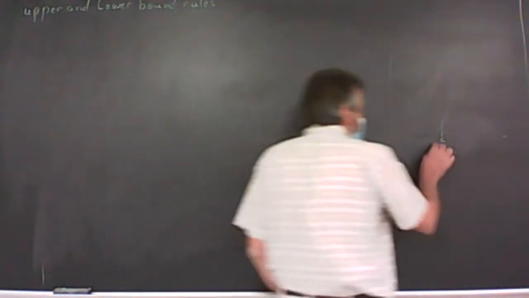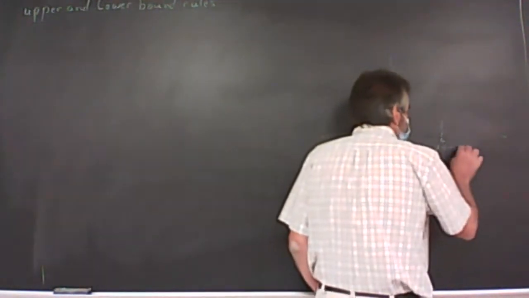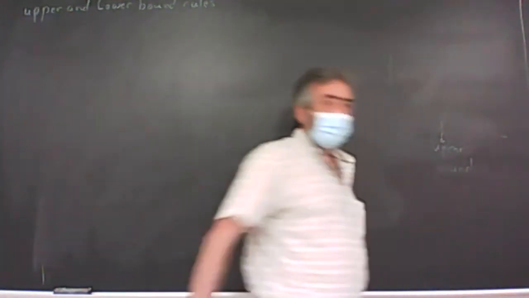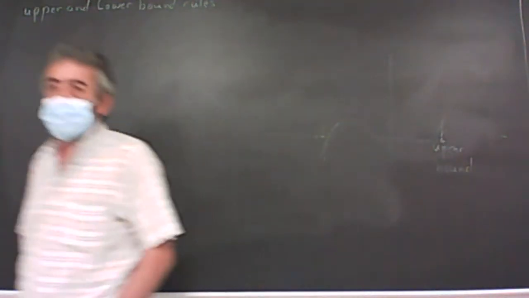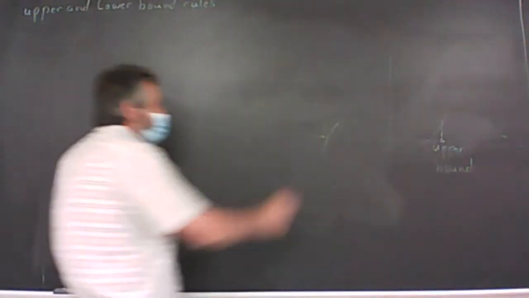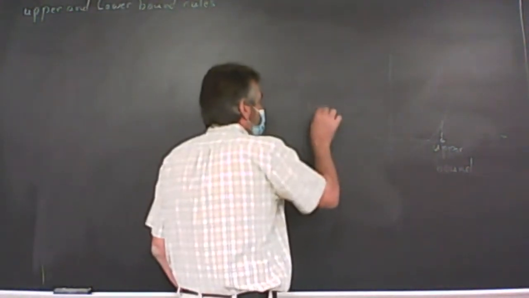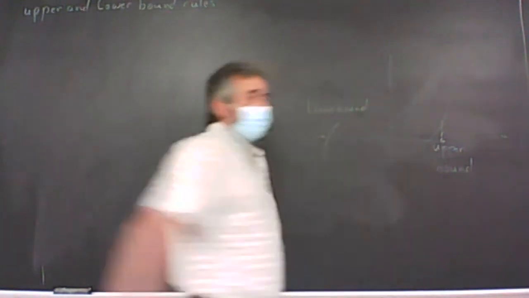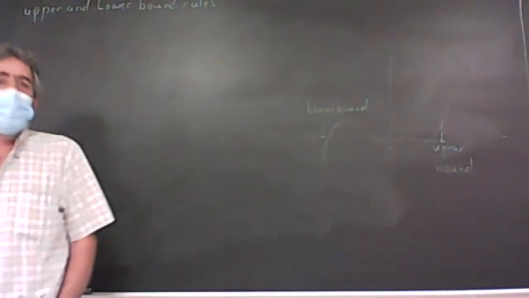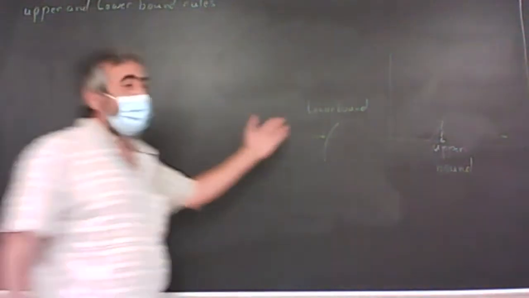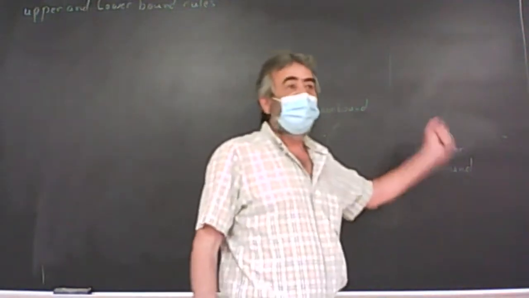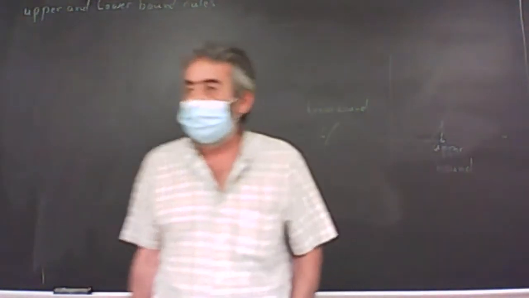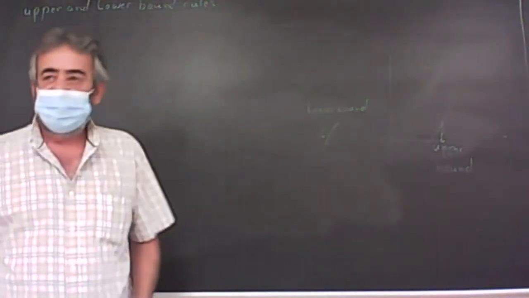This is called the upper bound of the zeros, so I know beyond that there are no zeros. This would be the lower bound of the zeros. When we're looking at a graph, we can recognize where the upper bound is and where the lower bound is.